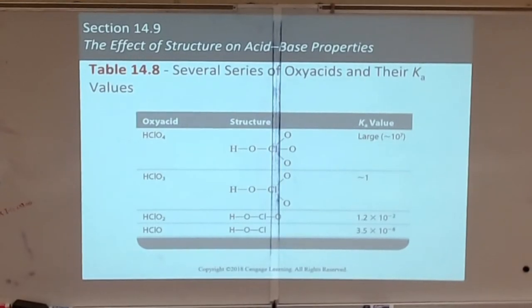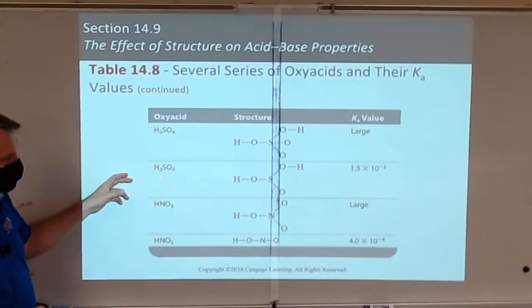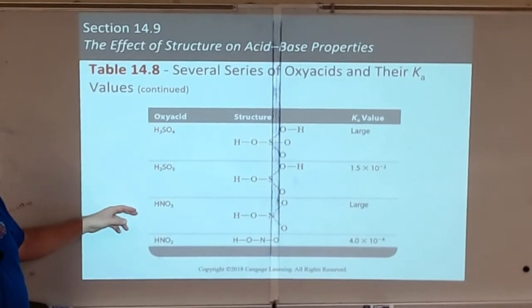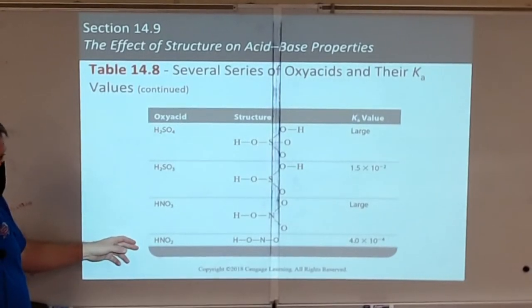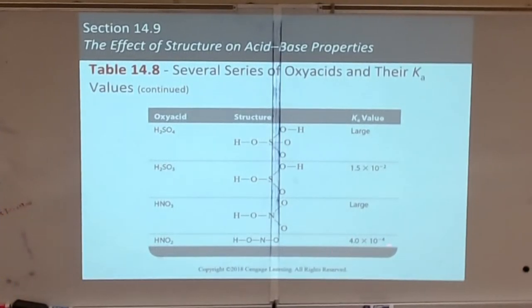Cool? All right. Then I have sulfuric, and this is for the first one. Sulfurous. What's this called? Nitric acid. This is nitrous acid. Very, very large Ka, large Ka. Okay.